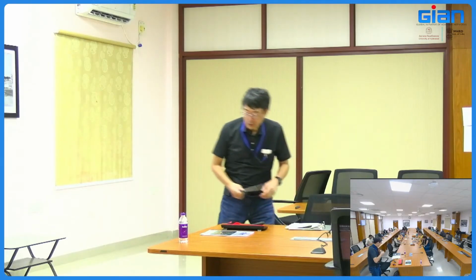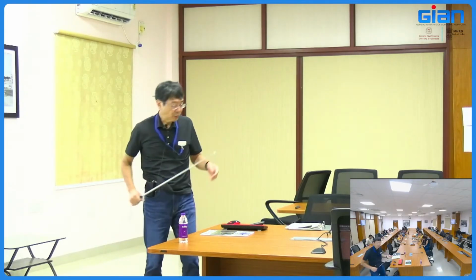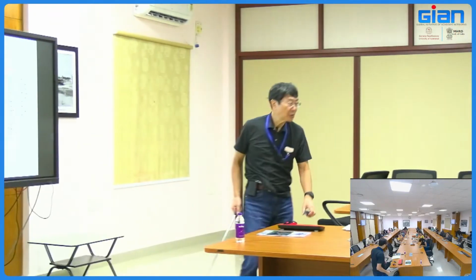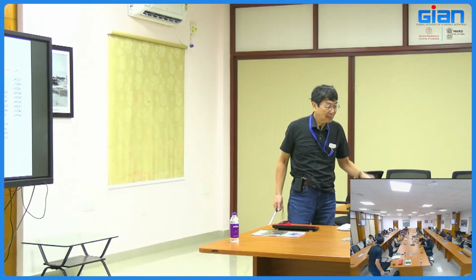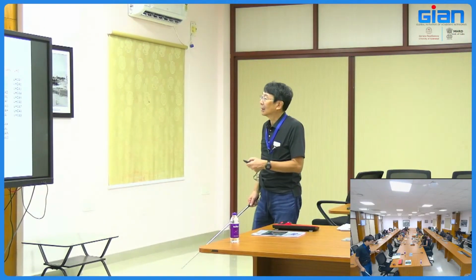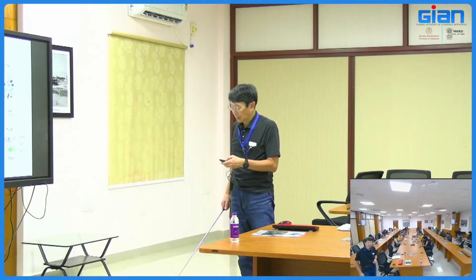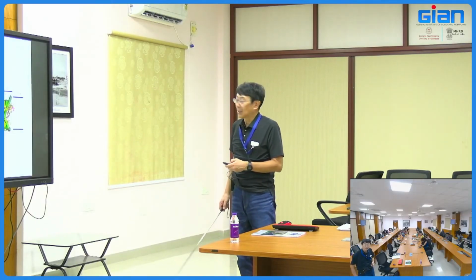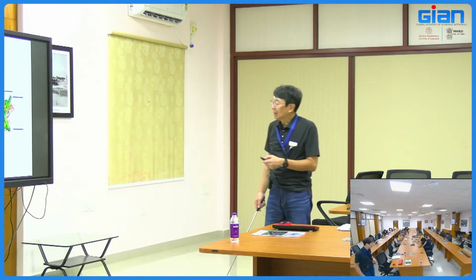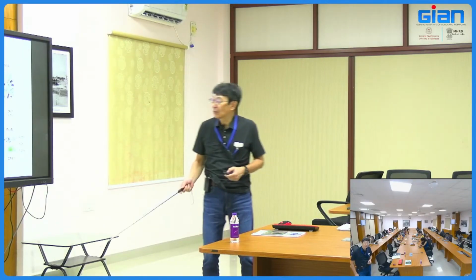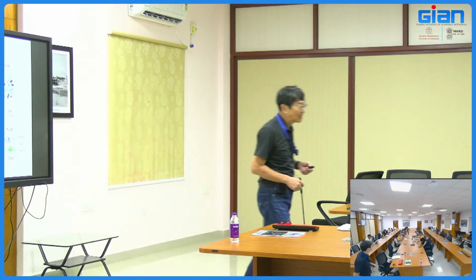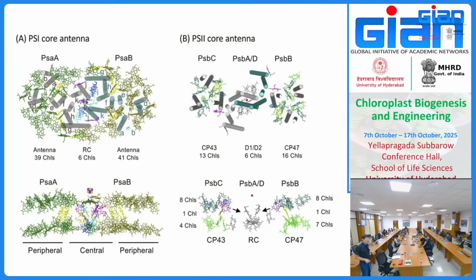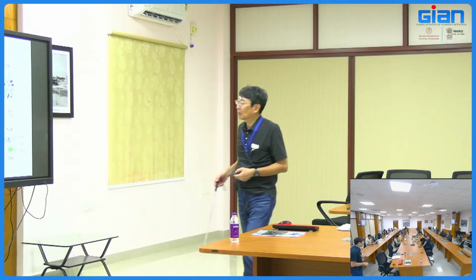So I talked about the structure of PS1, LH1, super complex. Something like this. And then in the last, I just want to show how the pigments, chlorophylls, carotenoids, are organized in the super complex.